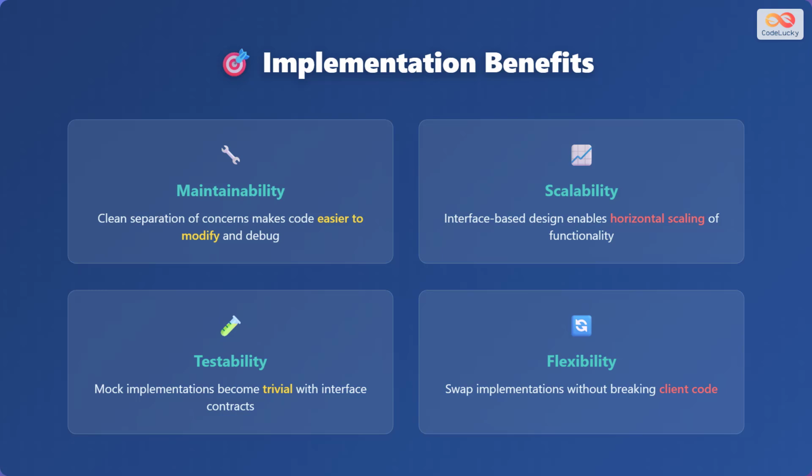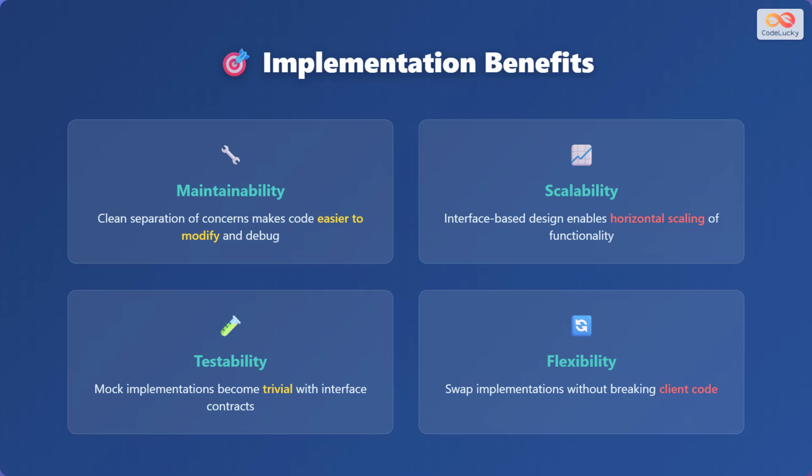When each component has a well-defined responsibility, tracking down issues becomes straightforward, and making changes doesn't create ripple effects throughout your codebase. Scalability becomes achievable through interface-based design, which enables horizontal scaling of functionality. You can add new implementations of existing interfaces without modifying existing code, allowing your system to grow organically.